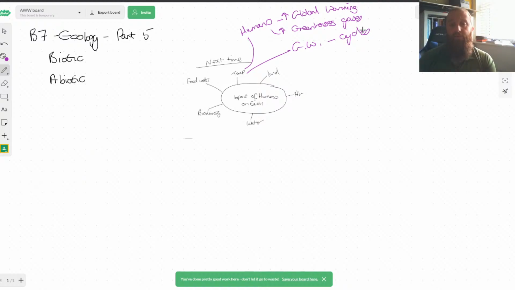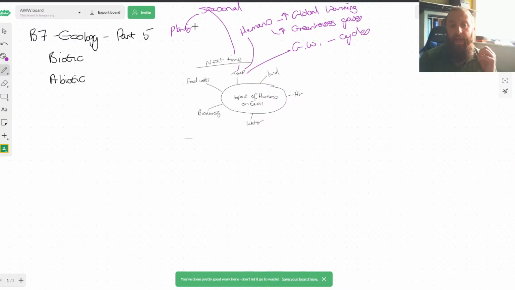We can also look at this idea of seasonal change. Okay, so we know it gets colder in the winter, we know it's hotter in the summer, depending on where you are. So when we look at a lot of this, some of these changes don't necessarily have to be long-term, and some of them don't have to be man-made. Because if we look at seasonal changes, we know that plants will often die back in the winter.